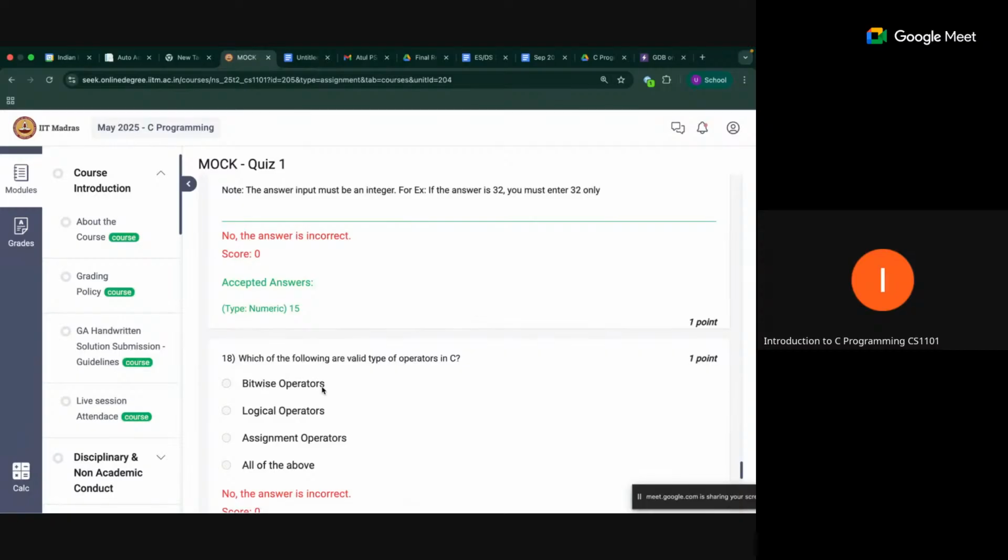Which of the following are the valid types of operators in C? All of the above. What are the operators there in C programming?